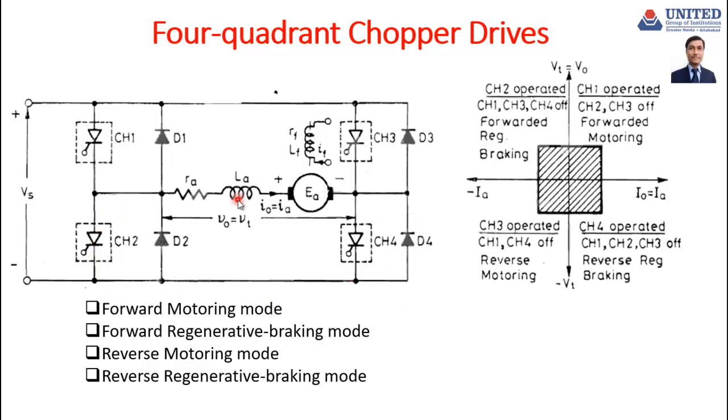When the switch CH2 becomes off, then motor acts as a generator, and the stored energy in inductance must be returned back to the DC source through diode D1 and D4, like that.